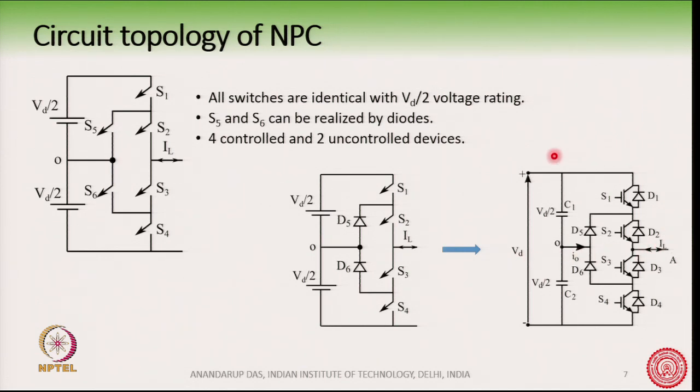So, the overall NPC, the neutral point clamp converter, for one phase looks like this. You have two diodes like this, and you have 4 switches. The 4 switches all have transistors with antiparallel diodes. These diodes D5 and D6 are called clamping diodes, because they are used when the 0 point or the 0 voltage needs to be accessed. We will see this operation just now.